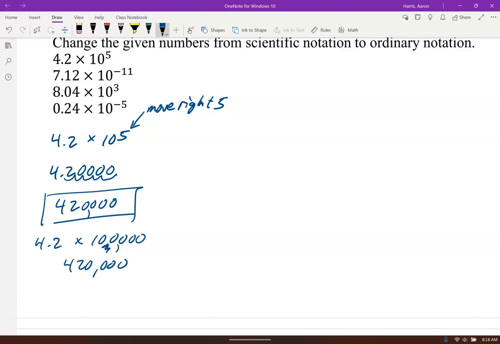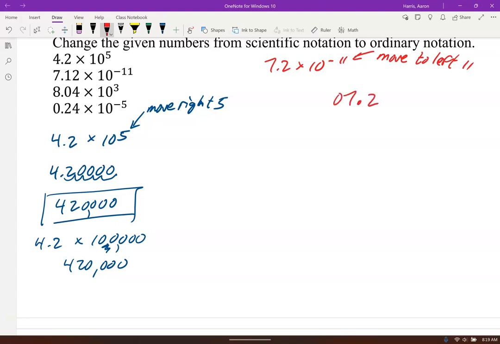So 7.12 times 10 to the negative 11. So that would move the decimal which direction, you guys? Good. Yep. Move it to the left. 11. Exactly.